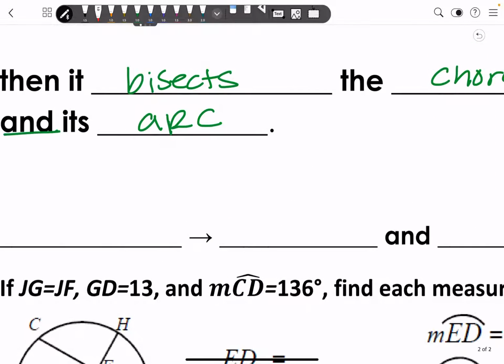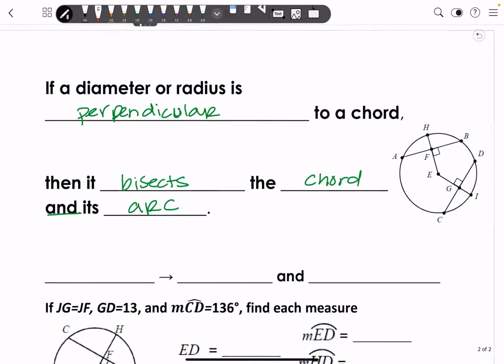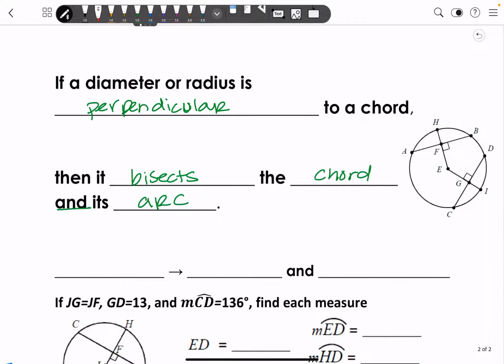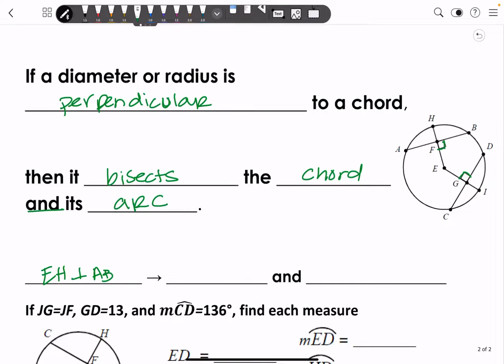We are going to now do our third theorem, and that's if a diameter or radius is perpendicular to a chord, just like here, then it's going to bisect the chord and its arc. Meaning that right here, if EH is perpendicular to AB, so I'm going to be working on just that top one, then it's going to create two different things.